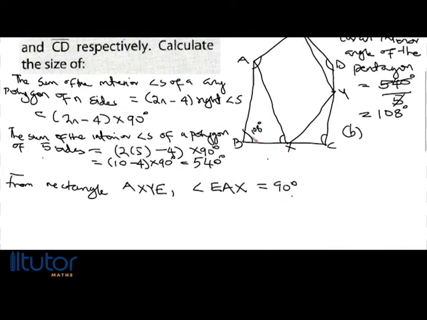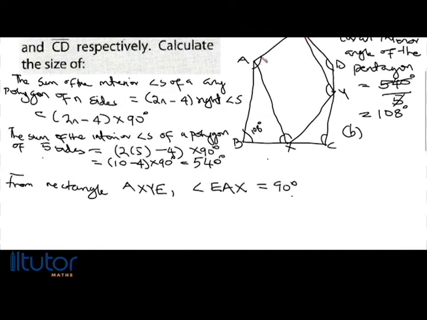Now one of the properties of a rectangle is that each angle is 90 degrees. So if you have EAX to be 90 degrees, this angle right here also is 90 degrees, and this is also 90 degrees, and this is also 90 degrees.